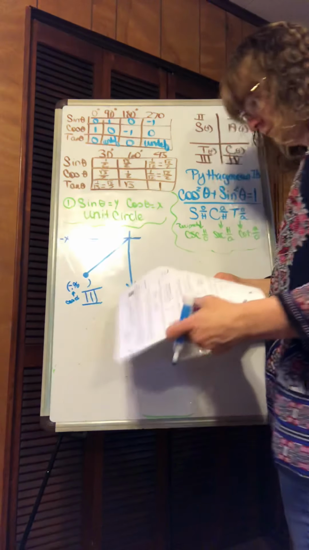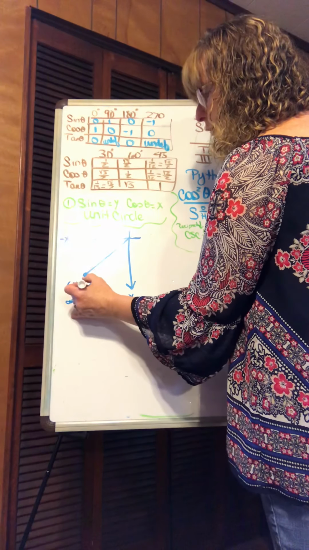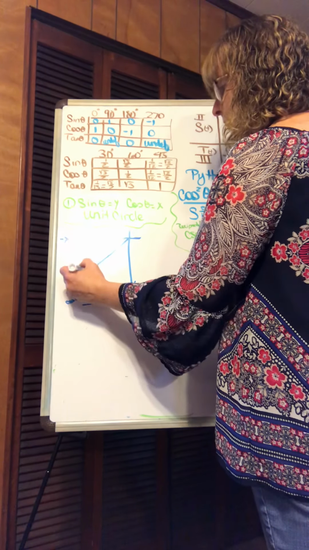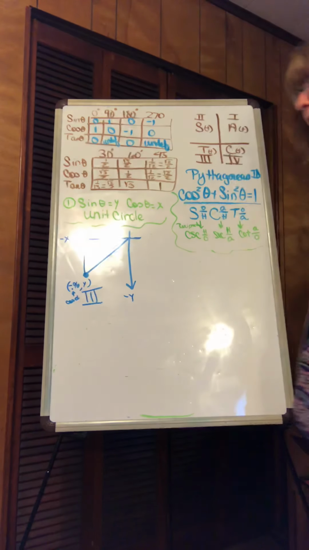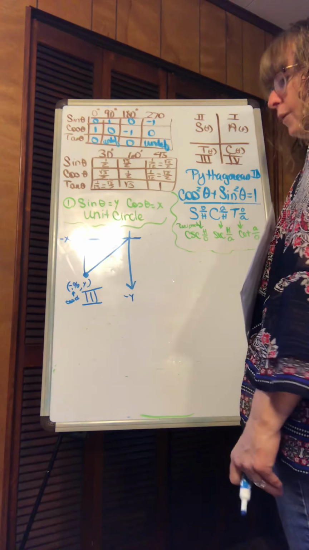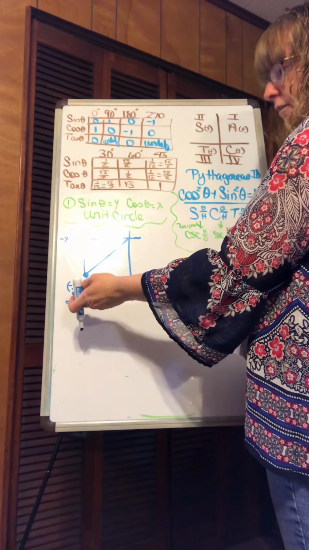And they want to know what sine is. We want to know sine, so we want to know the y. Now the y is also negative. But the negatives are telling us our location.